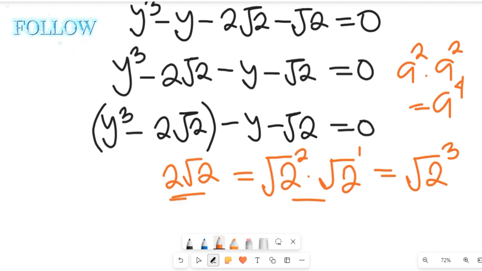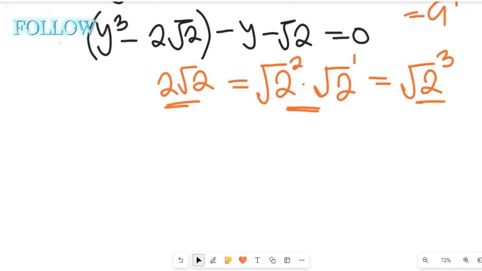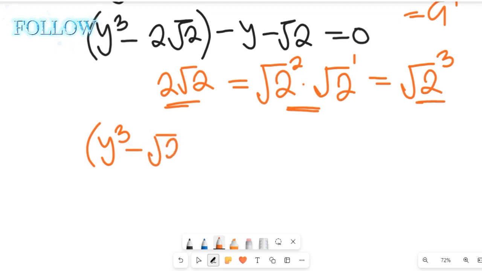So this is equal to this, and it's also equal to this. So why do we do that in this expression? That simply tells us that we can make this become y to the power of 3 minus root 2 cubed, minus y minus root 2, and this will be equal to 0.